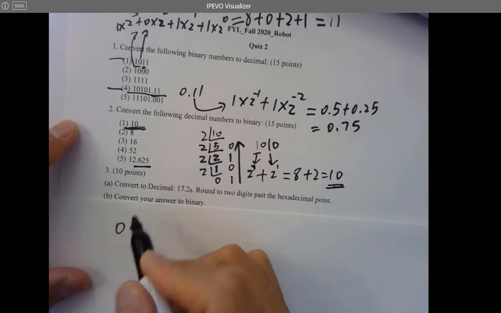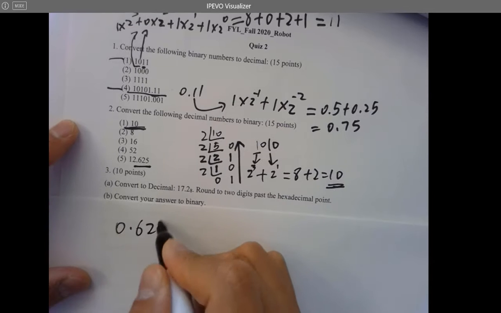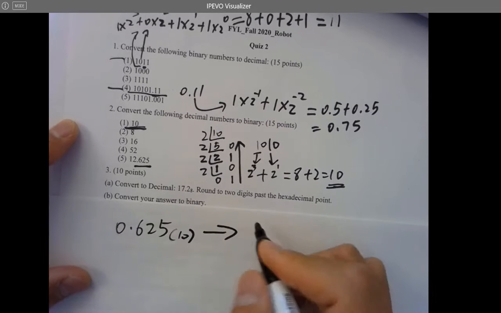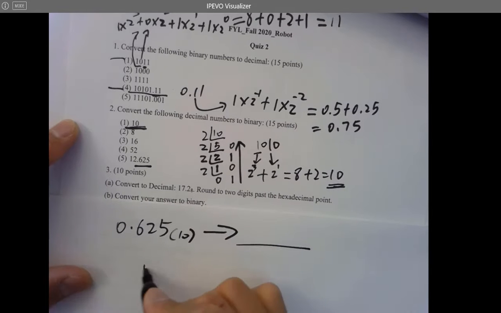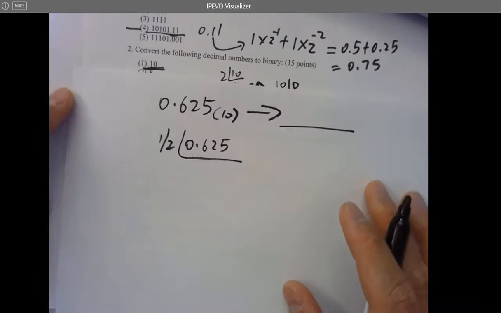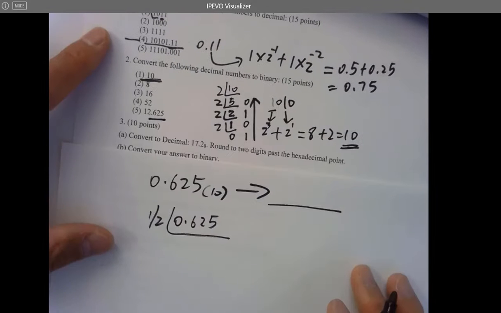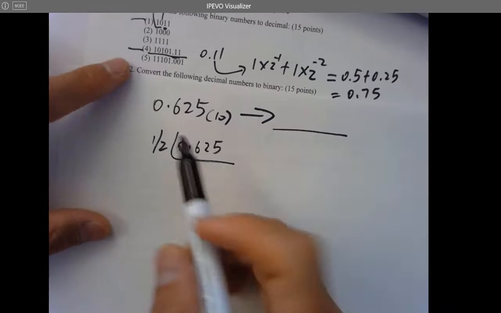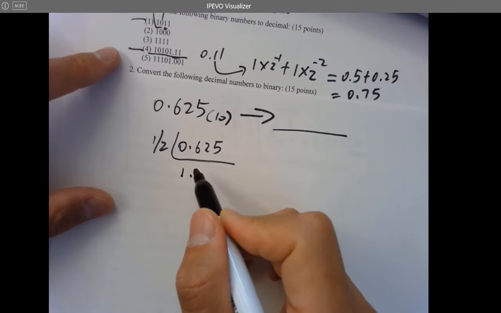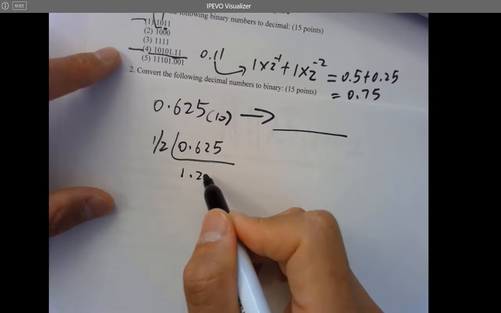0.625, that's in decimal, and convert it to binary form. You are multiplying this by 2 every time. Is that right? Yes. So 2 times this will be 1.25.